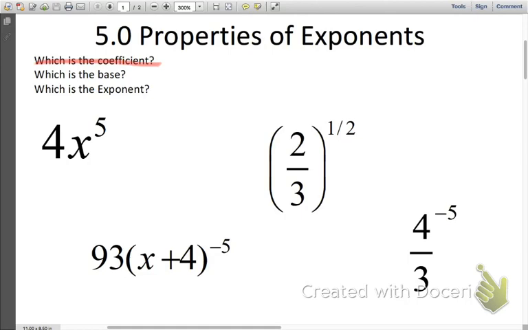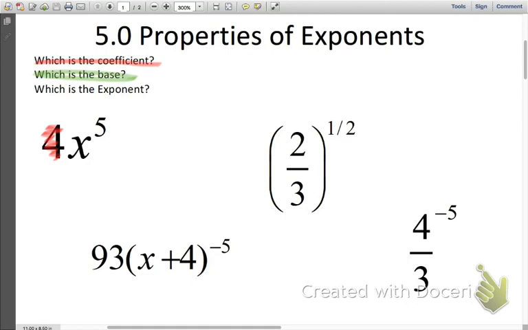So as far as 4x to the 5th, which one is the coefficient? Which number is out in front of our power? You have a 4, you have an x, and you have a 5. Which one is the coefficient? The 4. What then would be the base of my power?